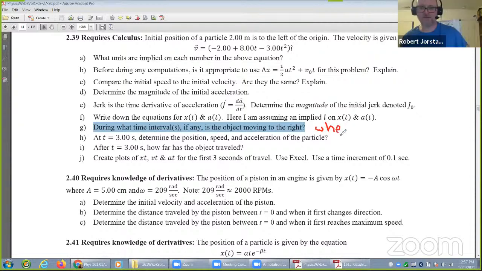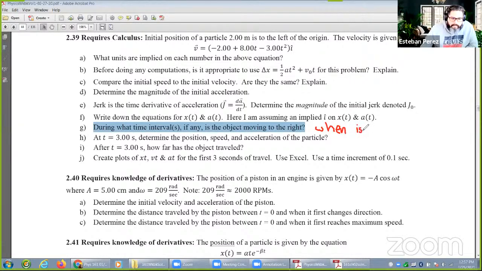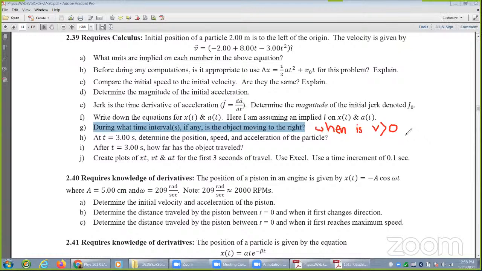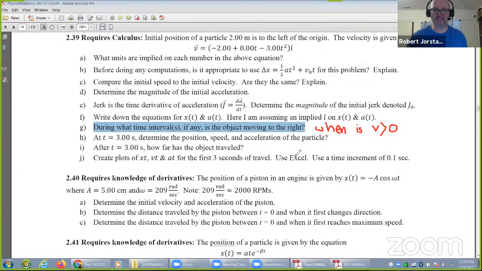Yeah, this is another fancy way of saying when is v greater than 0. Someone give me one way to do that. Put it in an Excel sheet and plug in numbers. Beautiful. That is a classic thing you could do.